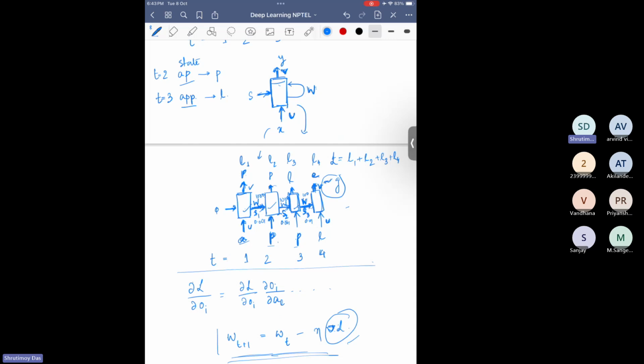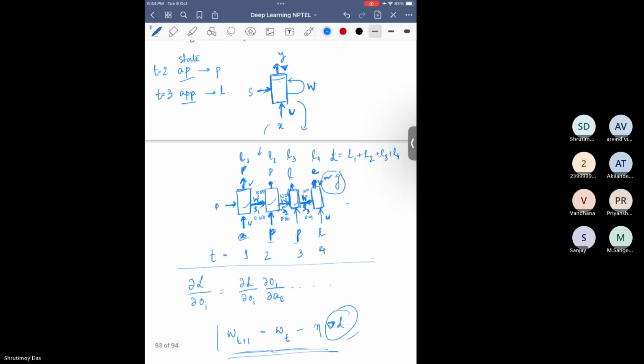If you write out these equations, it is basically a product of all of these: gradient of this times gradient of this and gradient of this. Because you are doing a product, let's say that here your gradient was 100, here it is 1000, and here it is 10,000. When you compute the gradient at this time step, it will be 10,000 times 1,000 times 100, which is 10 to the power 7.